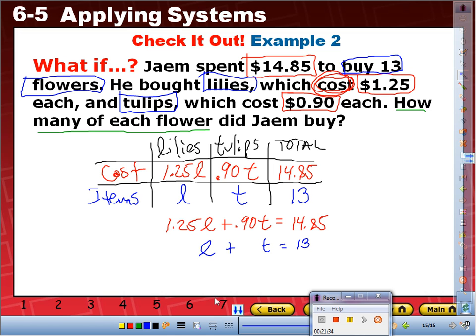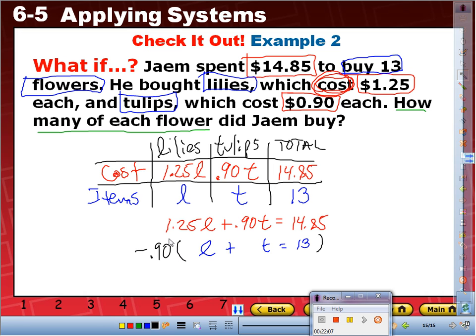Now in this case, we have them in standard form. The easiest method will be what? Elimination. So which variable would you like to eliminate, the L or the T? T? Okay, let's eliminate T. If this one's 0.90, what does this need to be? Negative 0.90. So we're going to multiply this entire equation times negative 0.90.